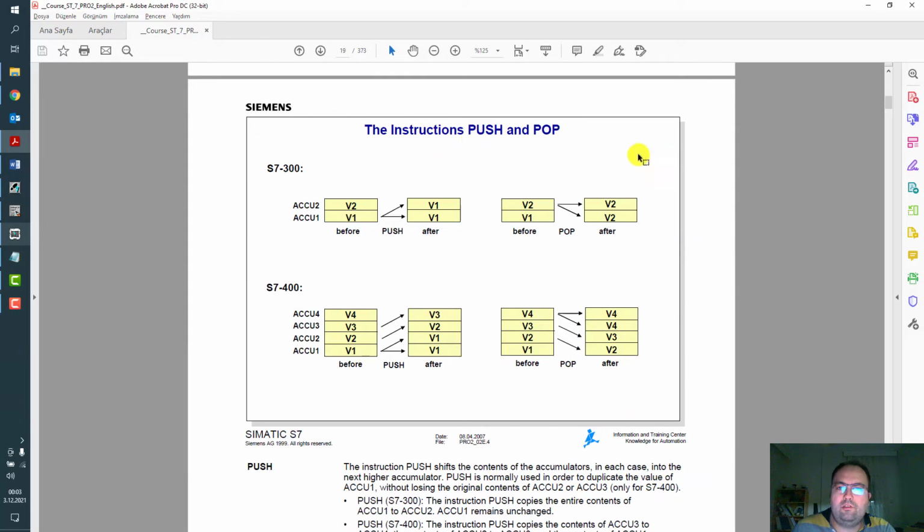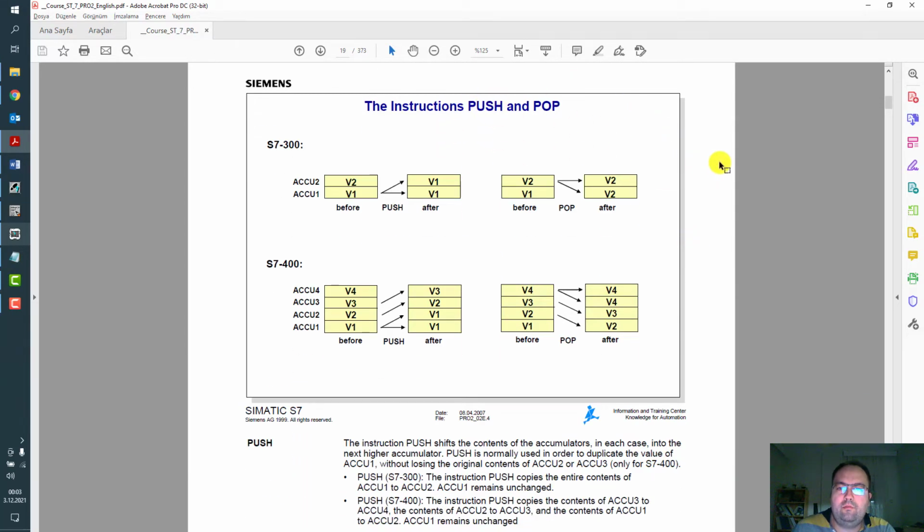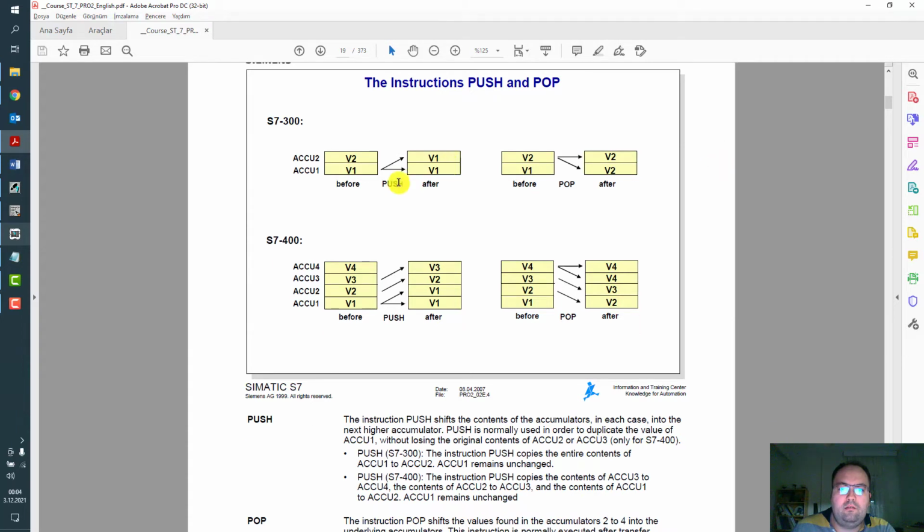Next instruction, push and pop. You will see in the image before the command and after the command. It's a little bit different in the STEP 7 400 family, but it's similar.